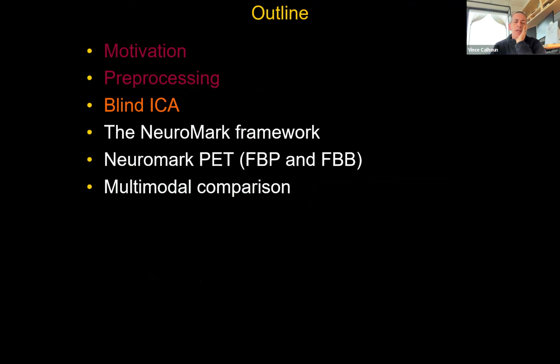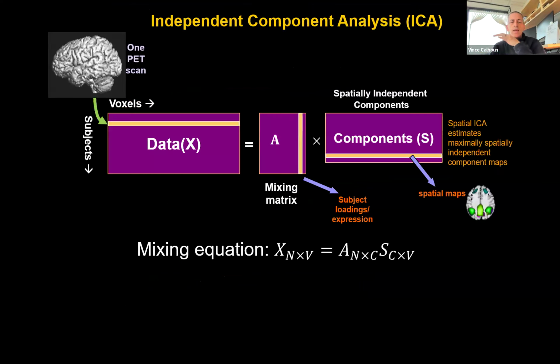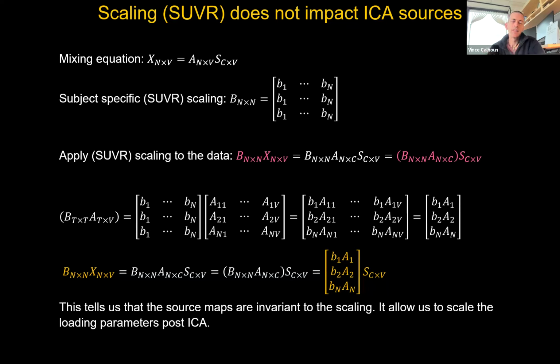Okay, so now let's look at blind ICA. And so again, reminding of this perspective here, our mixing equation is X equals A times S. So that's the equation. If we just take a second and talk about scaling, because that can be an issue that comes up in PET data, I think a really nice result here is if you just work through the math of, say, here's our data matrix X, and suppose we want to scale each individual relative to their cerebellum, right?